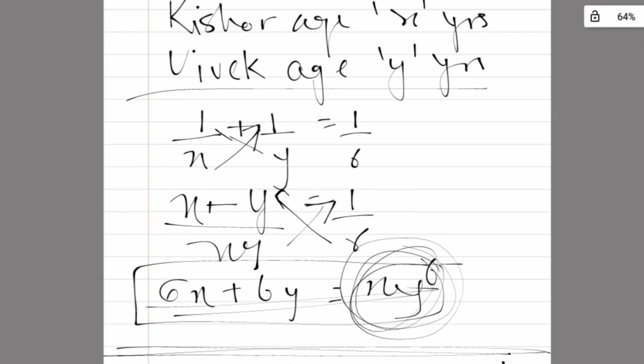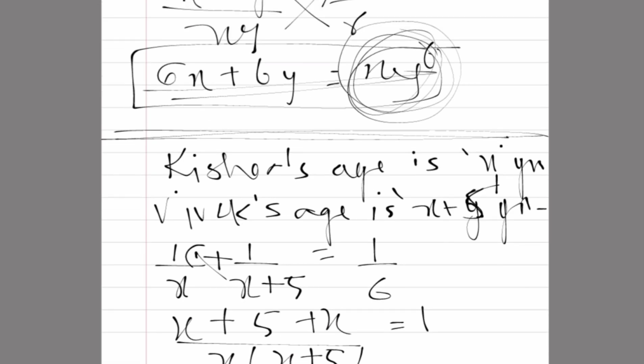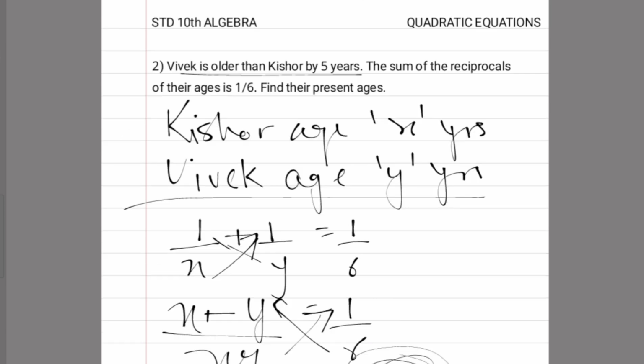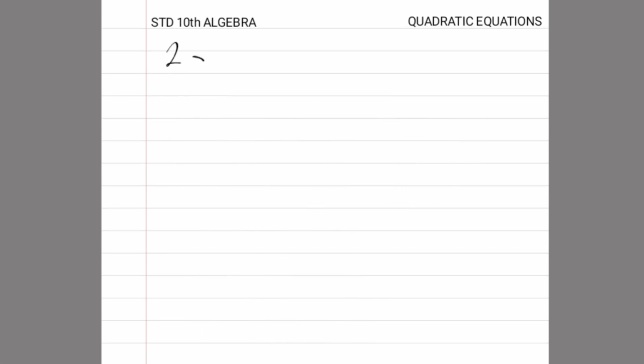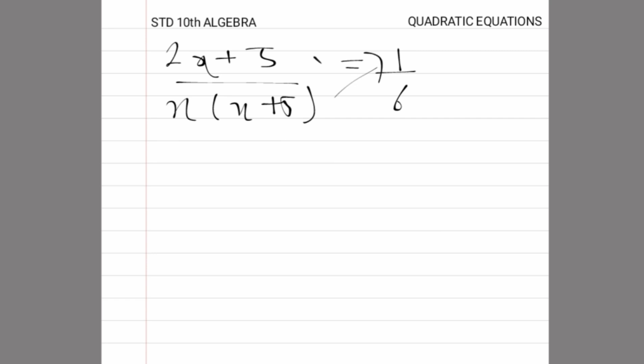So x plus x is 2x. Therefore (2x plus 5) upon x into (x plus 5) is equal to 1 by 6. We need to cross multiply this.